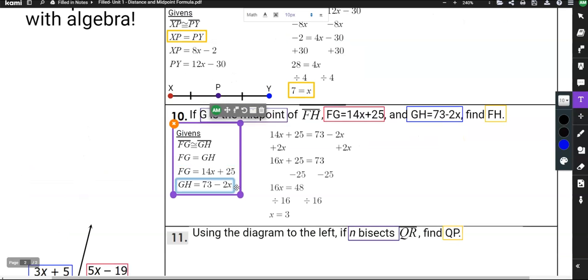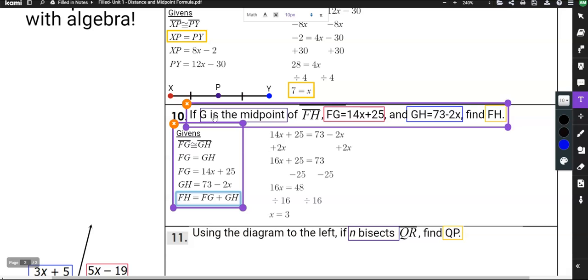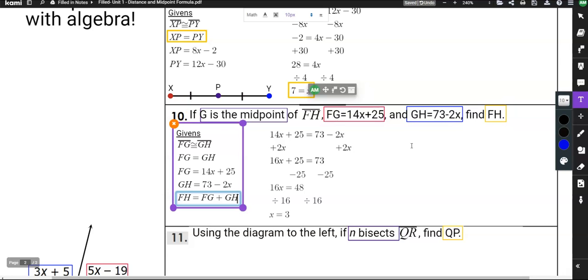Now they did not ask us to find x, they asked us to find FH. So we're going to remember that FH is equal to FG plus GH. And since they're going to be the same, we can choose which one we want to calculate with. So we can either do 73 minus 2x, or we can do 14x plus 25. Either way, we can run it through the calculator.